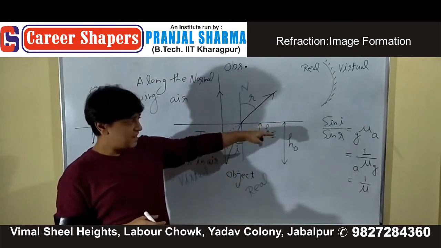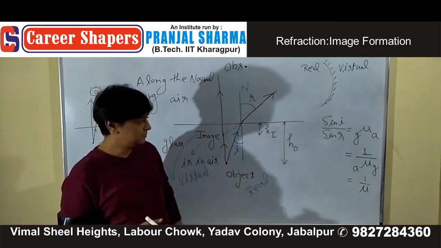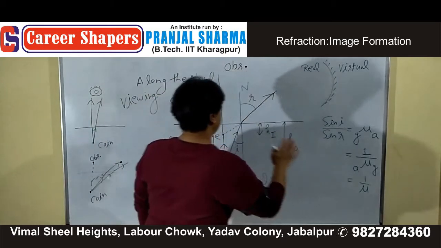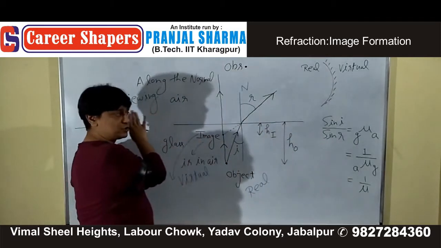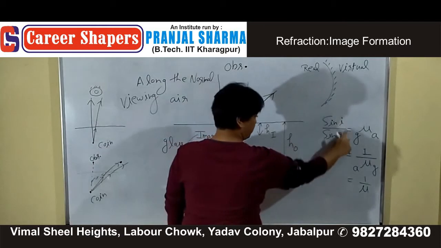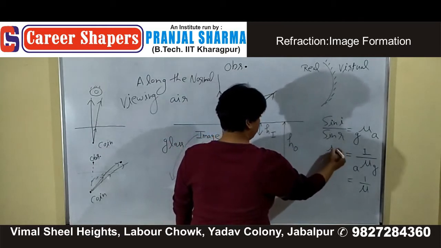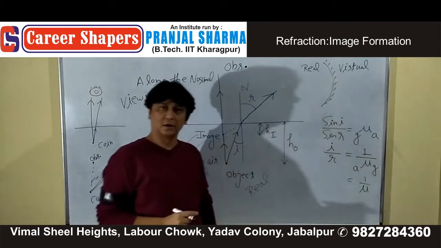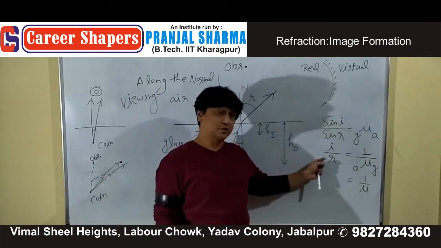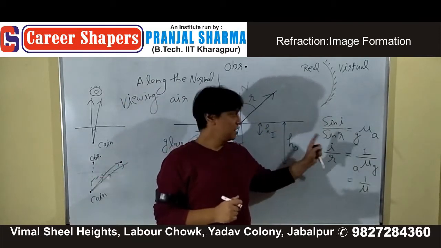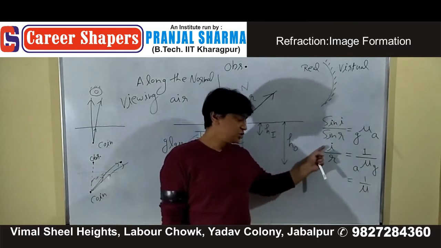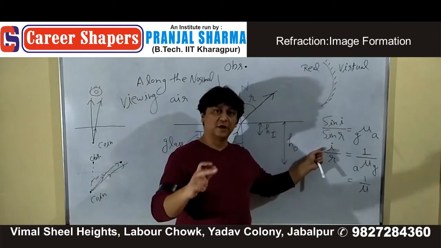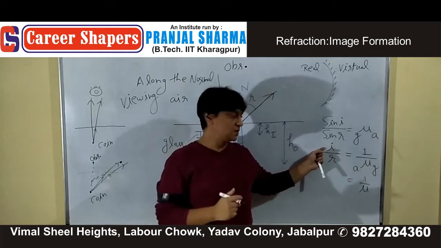Now, once I say sin I upon sin R is this, I told you that this is normal viewing. If it's normal viewing, then this sin I upon sin R can be approximated with I upon R, because angles are small. And therefore sin I can be approximated with I. Sin theta becomes what? Theta if angles are small.